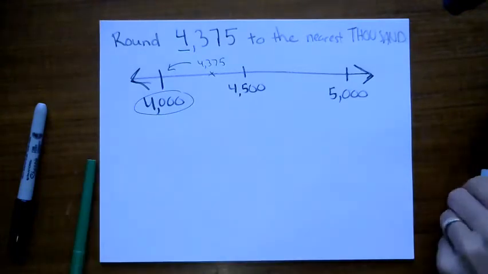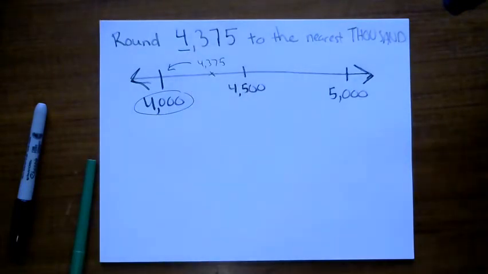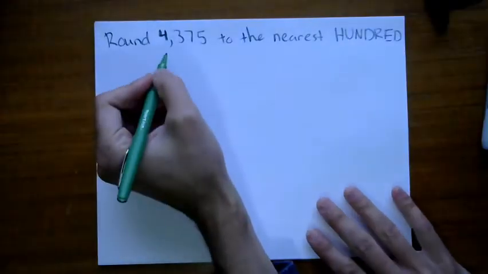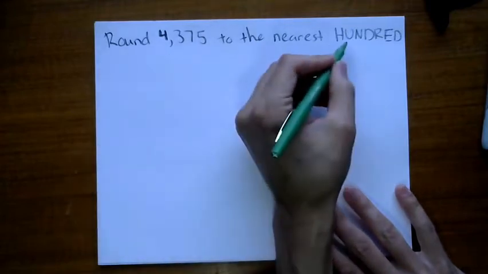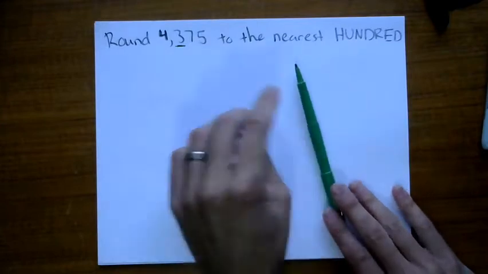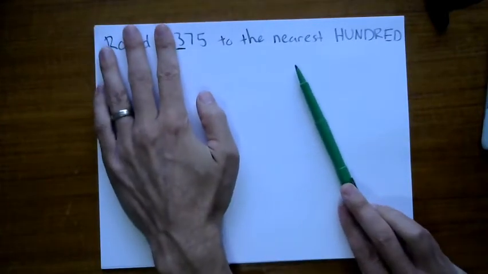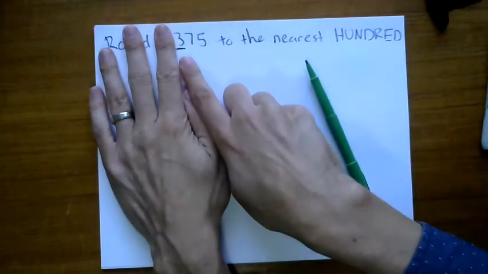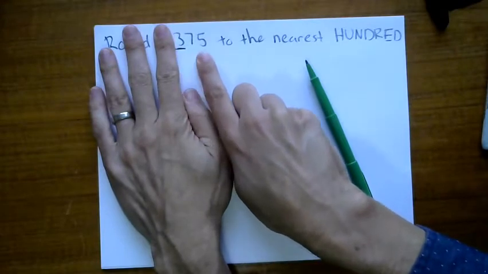So let's now take the same number and round to the hundreds place. So if you're rounding this number to the nearest hundred, let's start by underlining the hundreds place there, 300s. And it might help you to just focus on everything from the hundreds place and back.